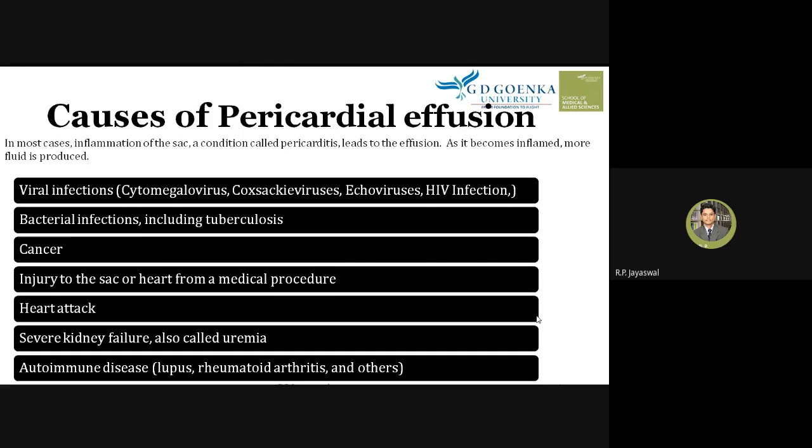In autoimmune disease, the immune system is dysfunctional and antibodies are produced against self antigens. For example, lupus erythematosus, rheumatoid arthritis, or other types of autoimmune disease. Here pericardial effusion may develop.